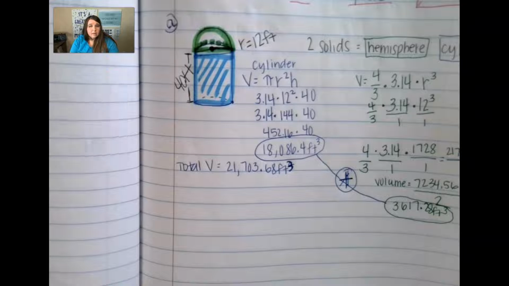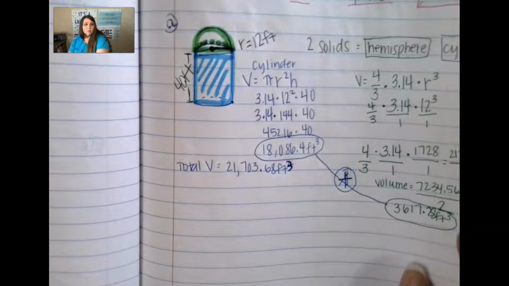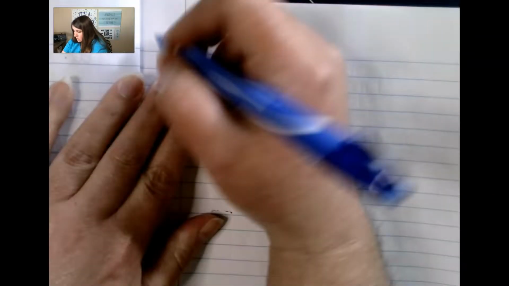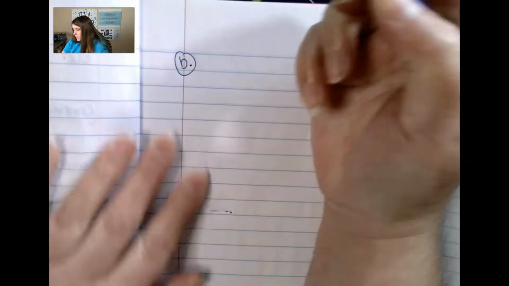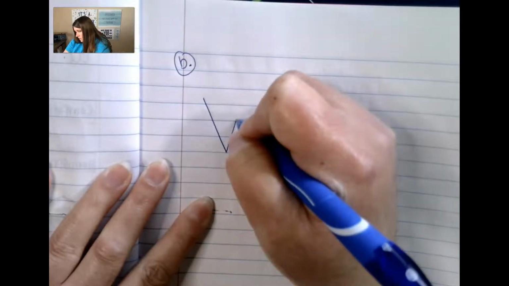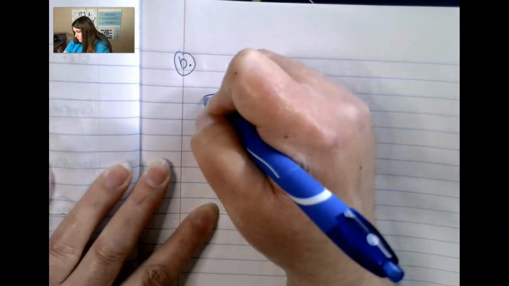Okay, let's go ahead and look now at an ice cream cone. So let's say that we have an ice cream cone. So I'm going to go to example B. Example B, I have an ice cream cone that happens to look something like that.